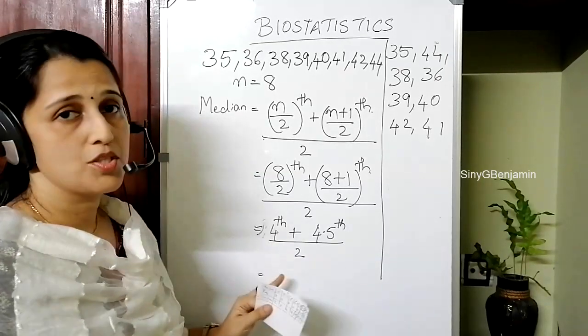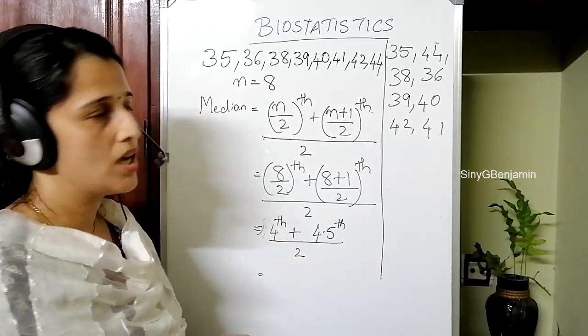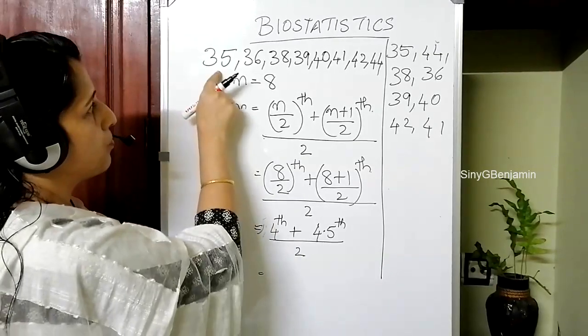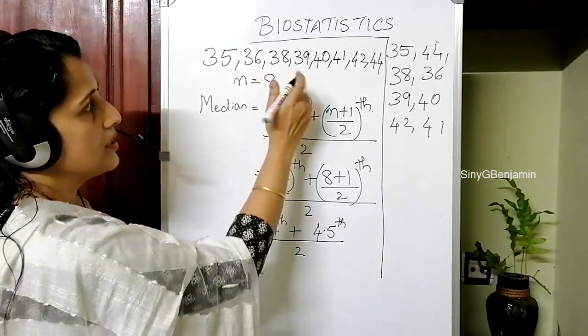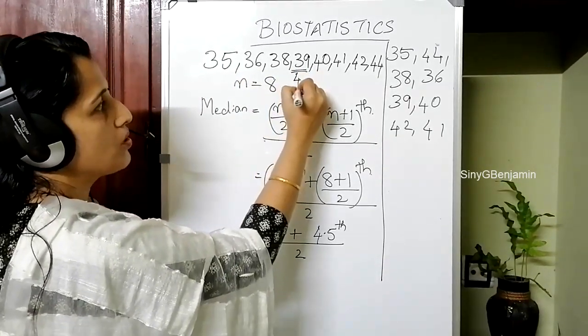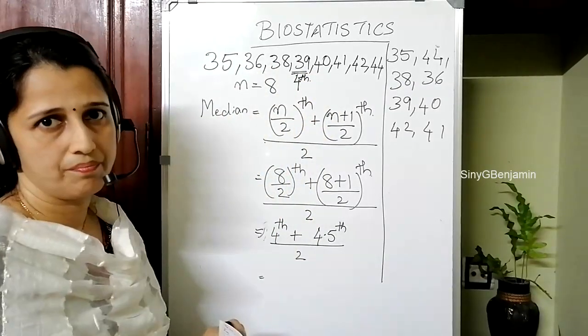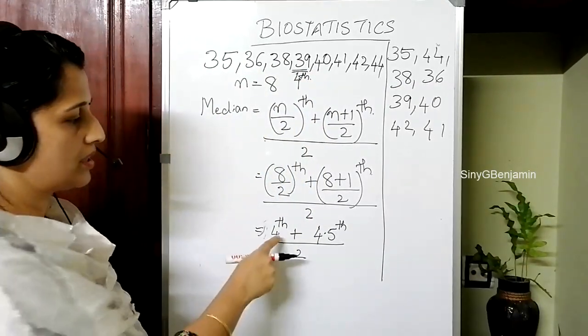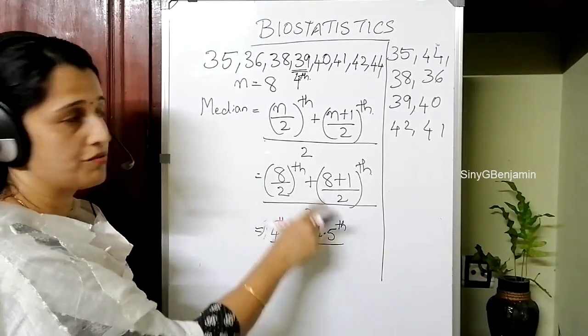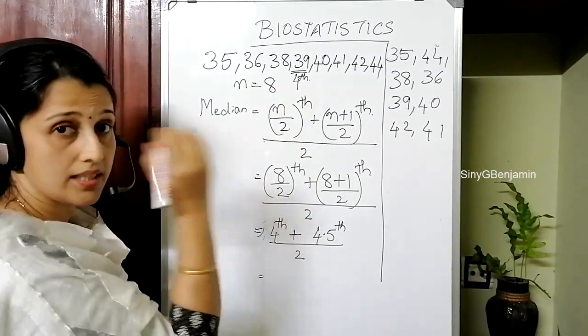Now we have to substitute the 4th item in the observation. The 4th one, 1, 2, 3, 4. 4th item is 39.